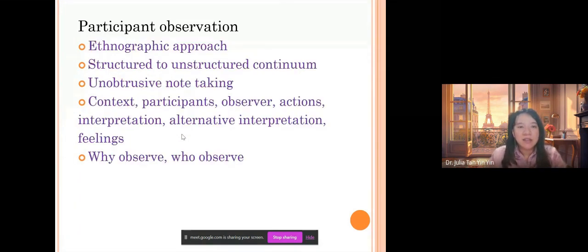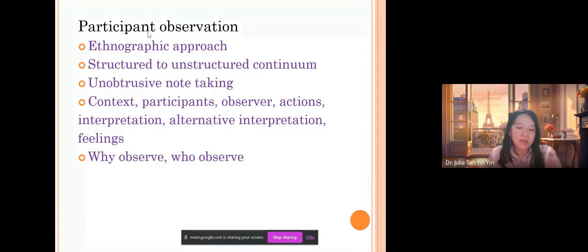Okay, the third one is participant observation. Like just now I said, we are using ethnography research to do participant observation. So we have a role there. We need to observe, we need to involve, and also we have to attach and detach at the same time.